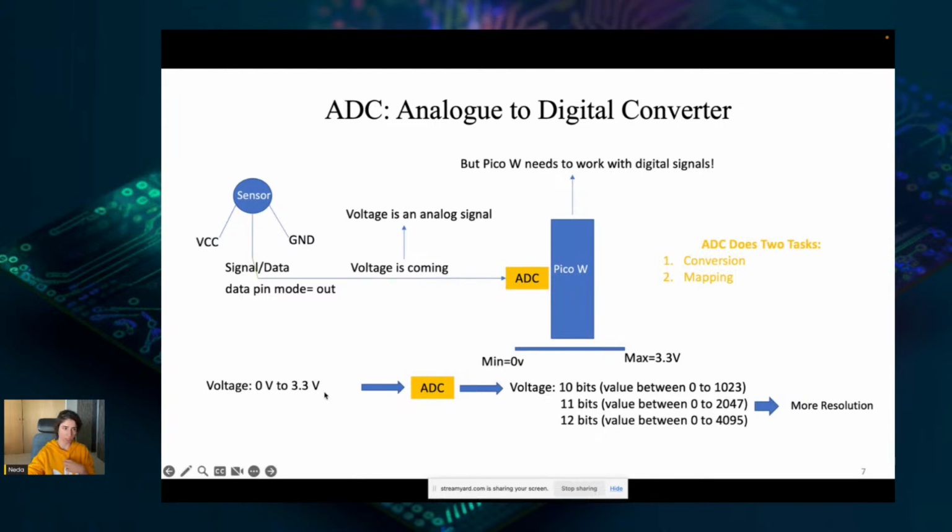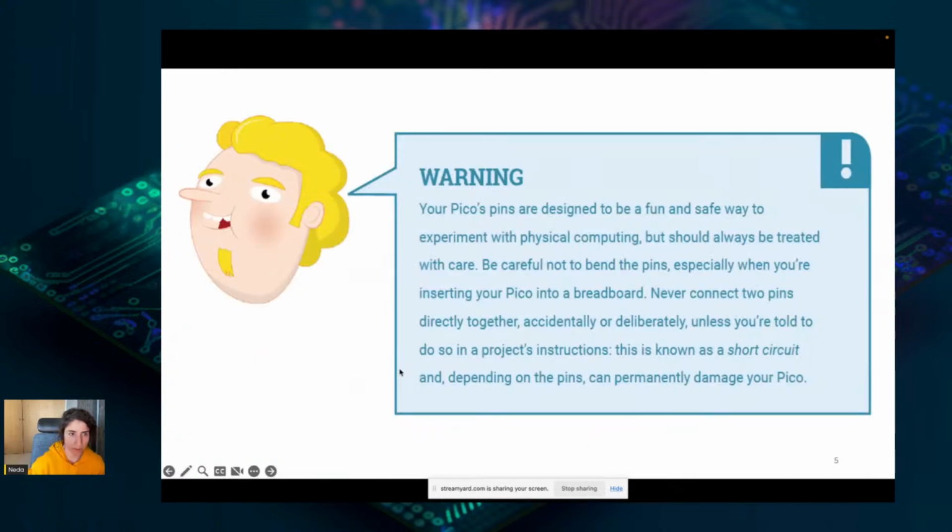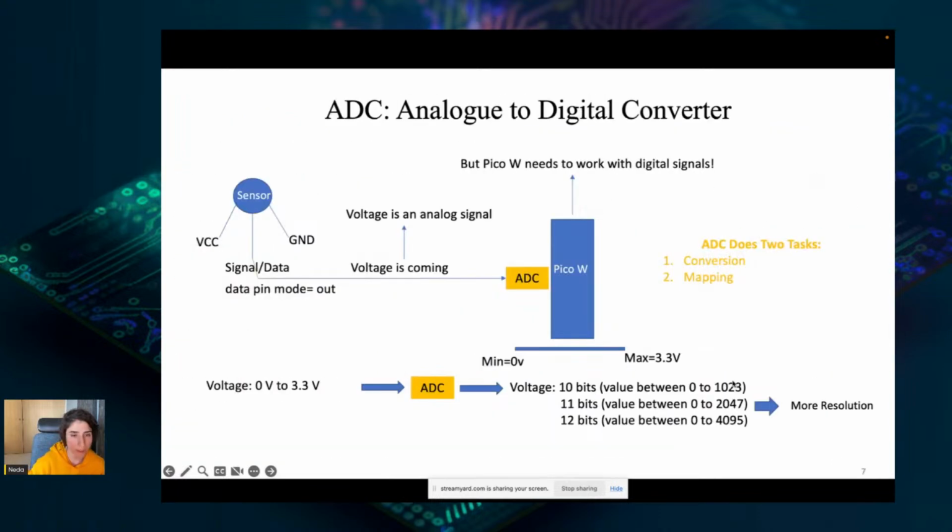So you can see here 0 to 3.3 volt. When it comes to being represented as a digital value, it becomes a unit of bits, and the values will be shown like 0 to 1023 in 10 bits, or I can have more bits, like 11 bits, or 12 bits.